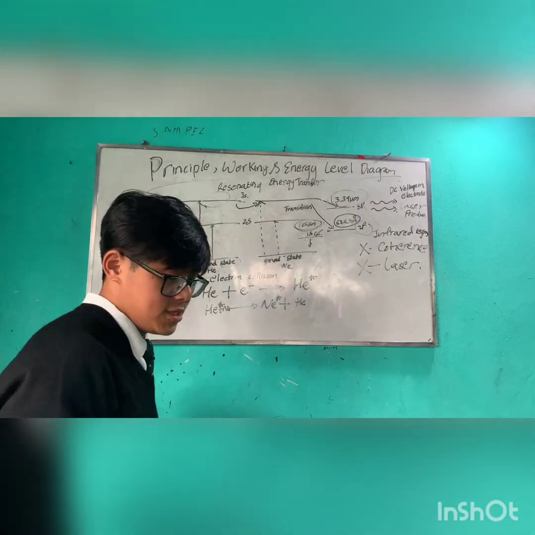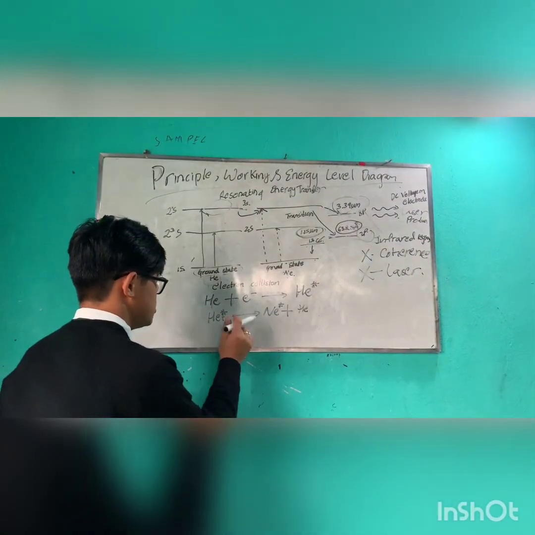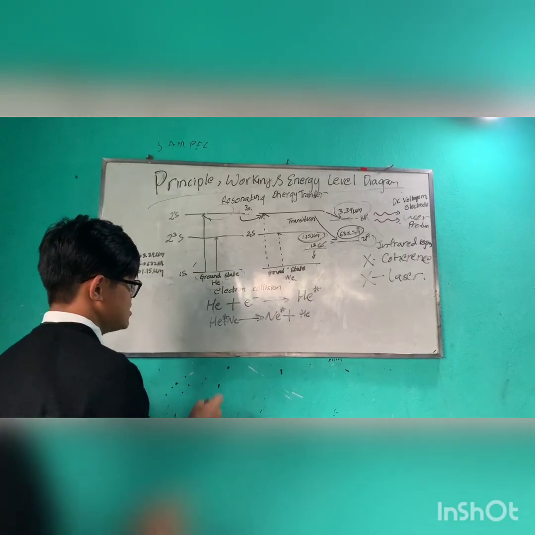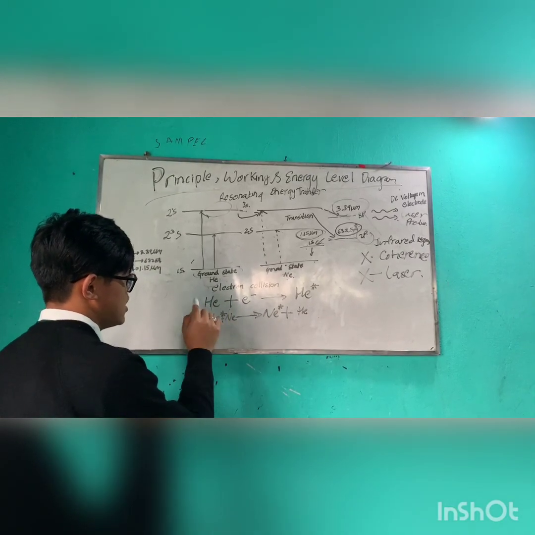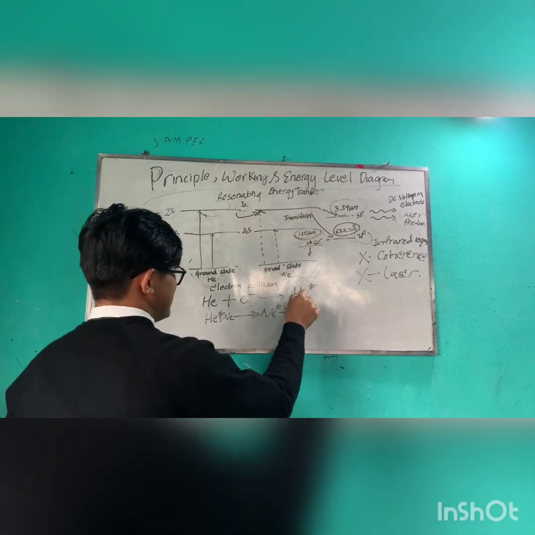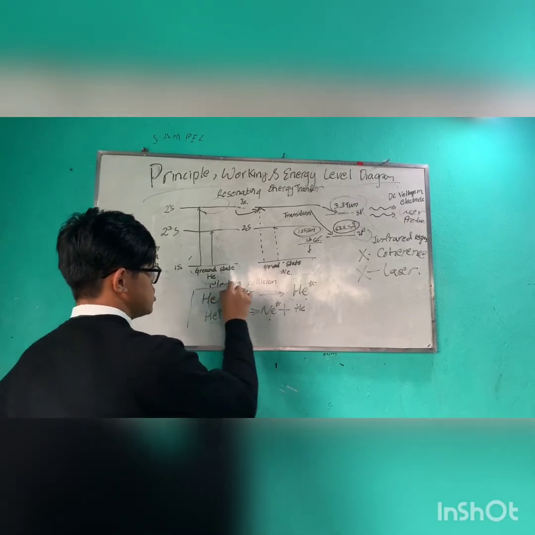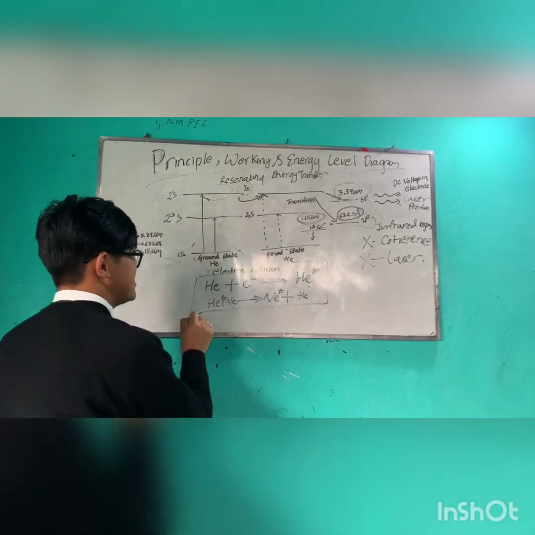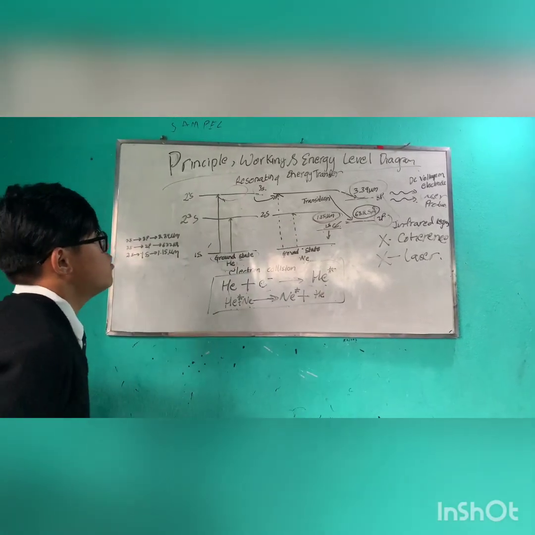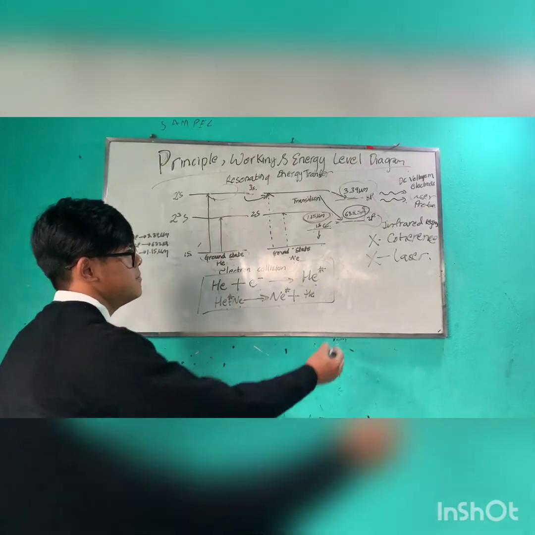So this is the necessary reaction. What it says is the helium atom gets excited because of electron collision, and this excited helium transfers its energy to neon. This equation alone explains the entire system. So this is the principle, working and energy level diagram of the helium neon laser.